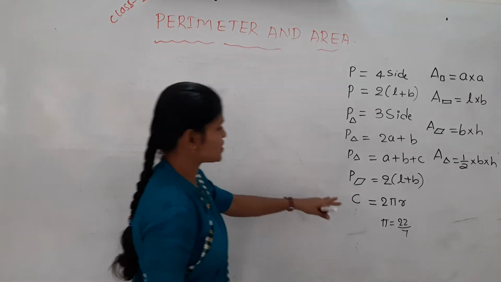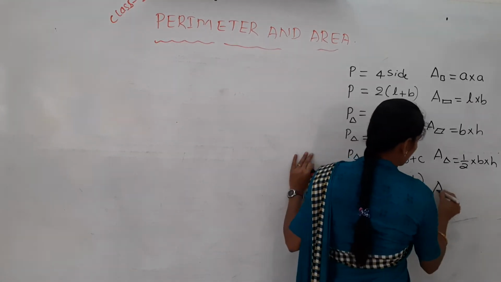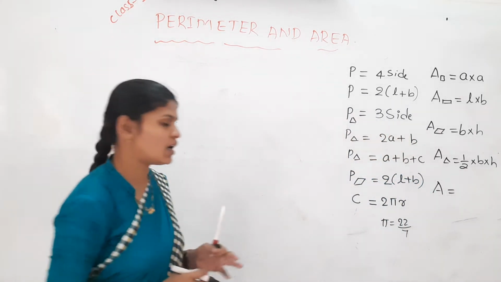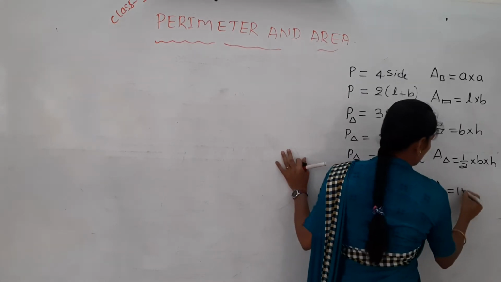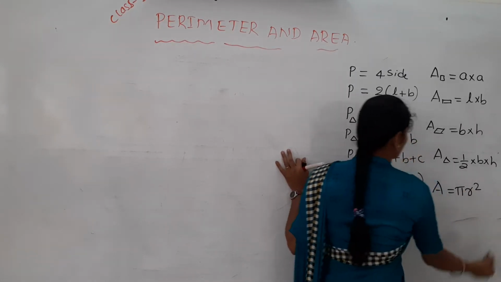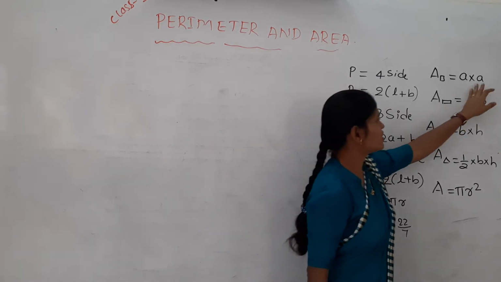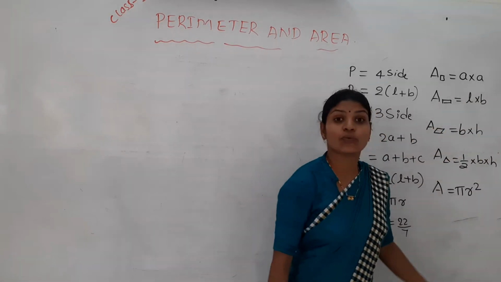Next comes the circle. Area of the circle is pi r square. In our previous class we have seen how it comes. All these areas are in terms of square unit.